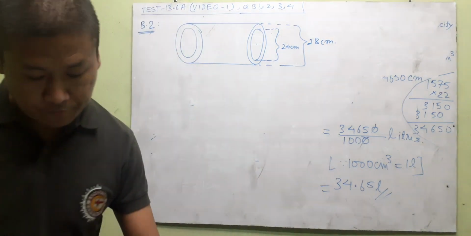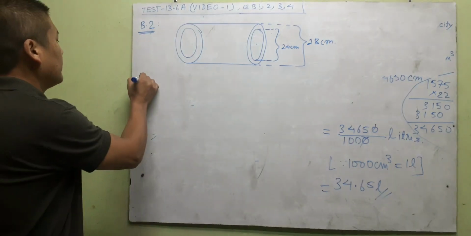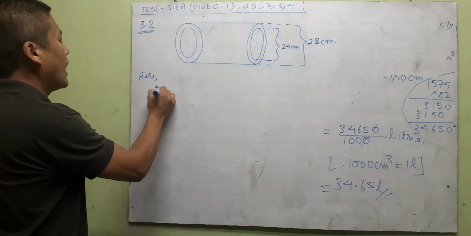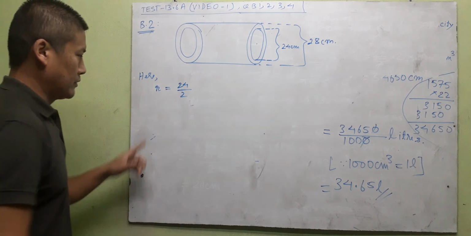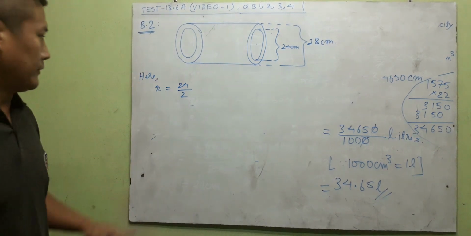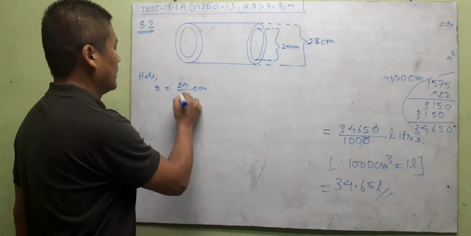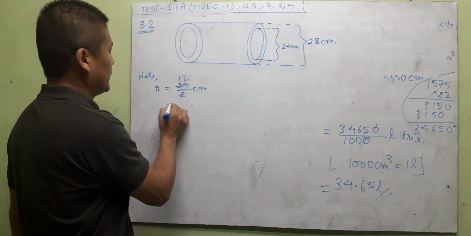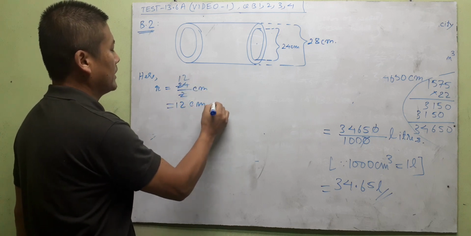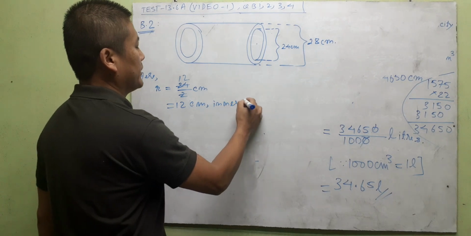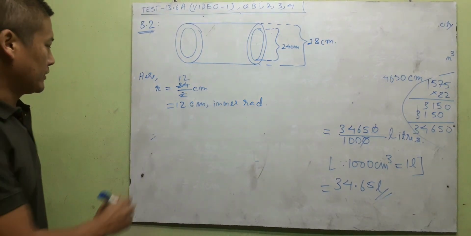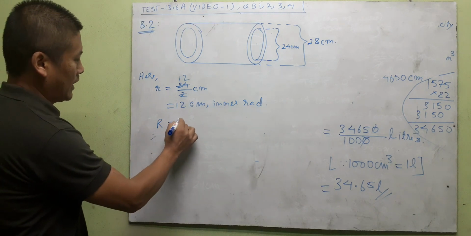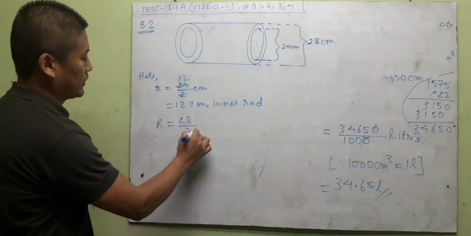So with this, we have to find the weight, the mass, of this pipe. So here, very clearly, r small is equal to 24, the diameter, divided by 2, because radius is diameter divided by 2. So that is 12 centimeter, the inner radius. Therefore, you're getting it from the inner diameter. Then R capital is likewise the outer diameter divided by 2.